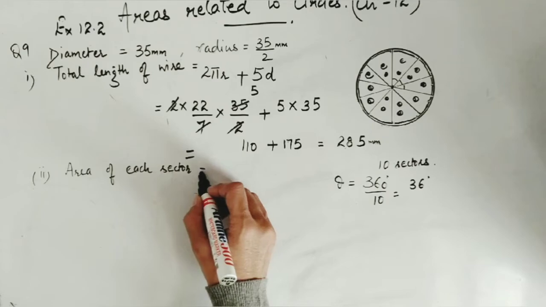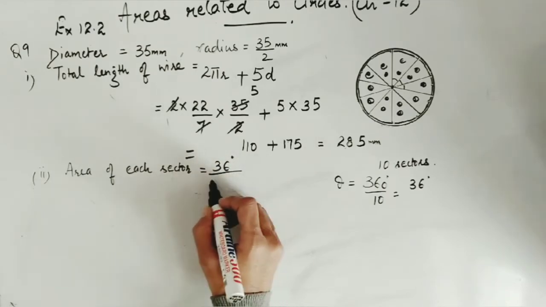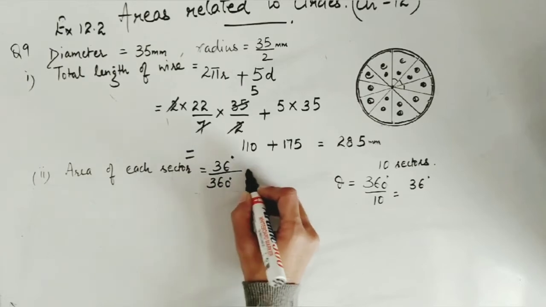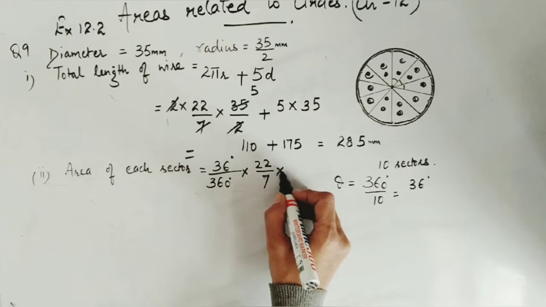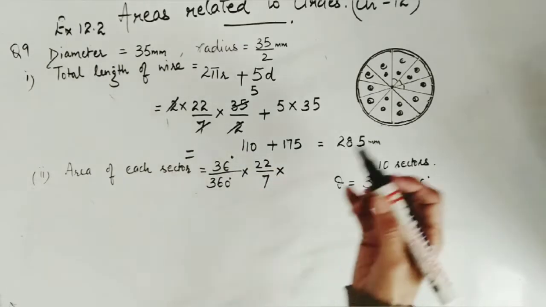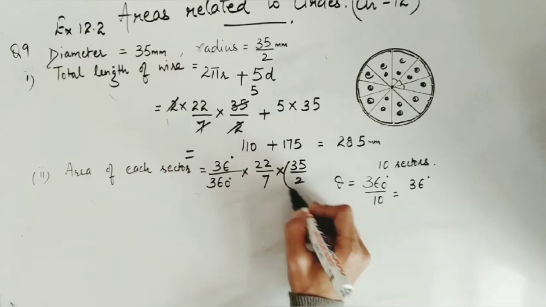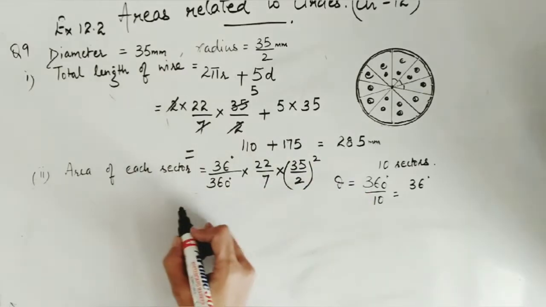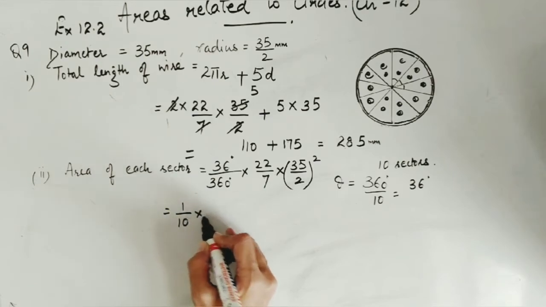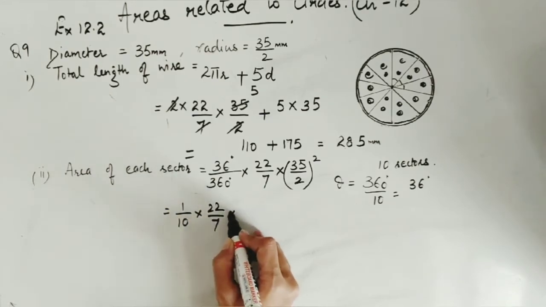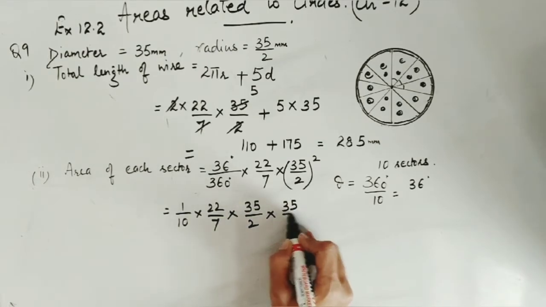So area of each sector would be theta, which is 36 degrees, by 360 into pi, I am putting the value straight away, into pi, which is 22 by 7, r square. What is r? 35 by 2 whole square. Now just simplify this. Solving this, it's 1 by 10, 22 by 7, 35 by 2 into 35 by 2.